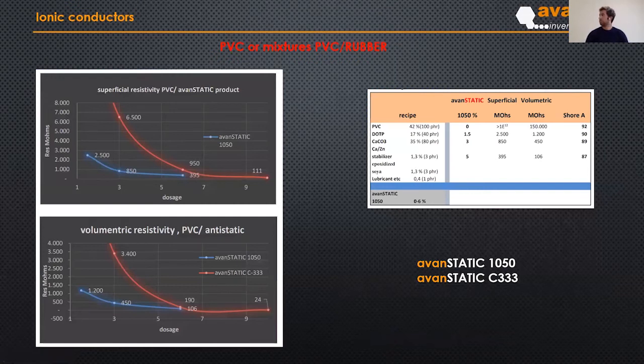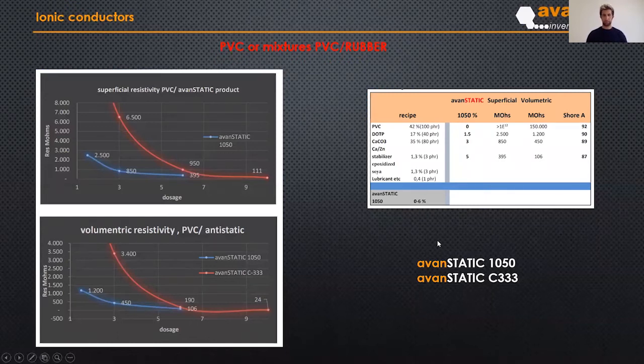Another material with a high chance to be antistatic or to work very well with an ionic conductor is PVC, or PVC mixed with rubber, mainly soft PVC. In this case, we work with two materials: Avanstatic 1050 and Avanstatic 333.